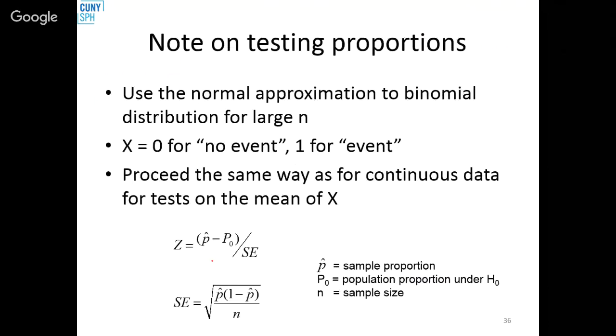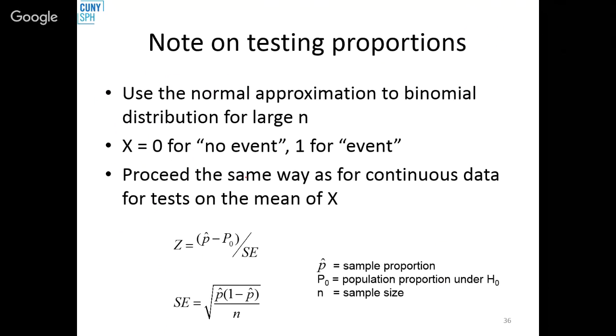So I'm going to end with a note on testing proportions: for large sample sizes on proportions, let's say greater than a sample size of 30 and at least 5 in each group, you can proceed the same way as for continuous data, except considering your variable to be zeros and ones.